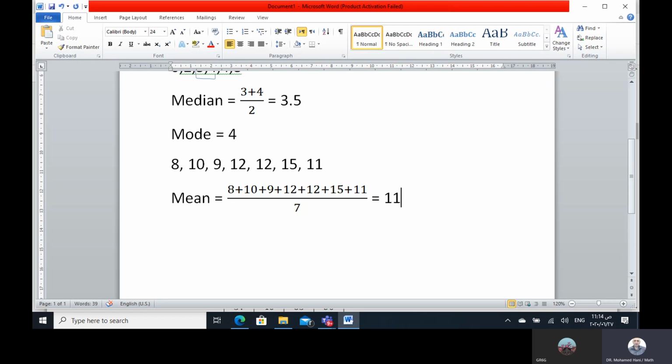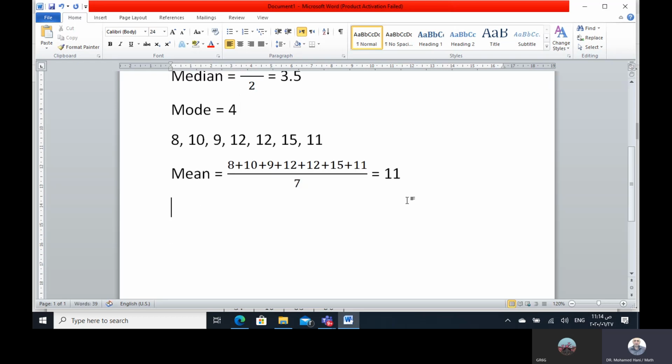This is the mean. How to find the median? The first step, rearrange the data from small number to the big number. The smallest number here will be 8. Then we have 9. Then we have 10. Then we have 11.